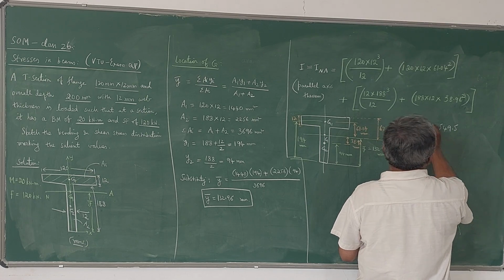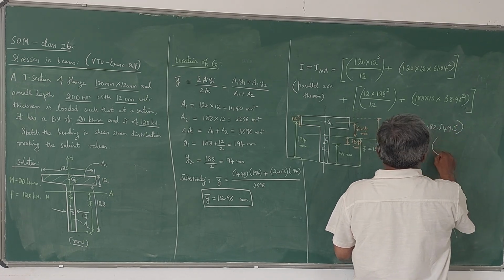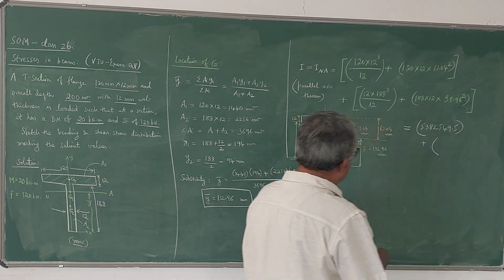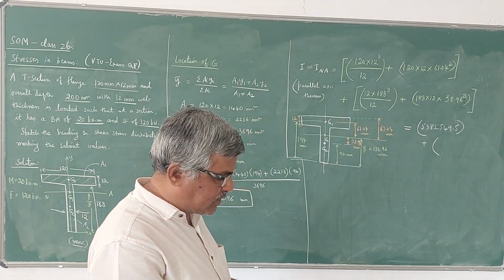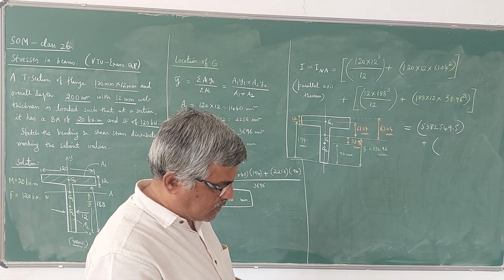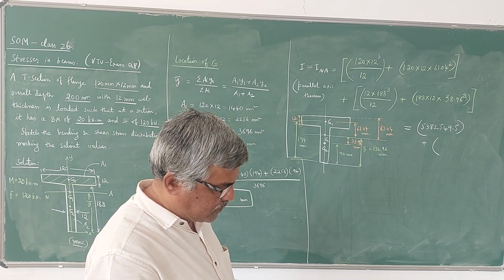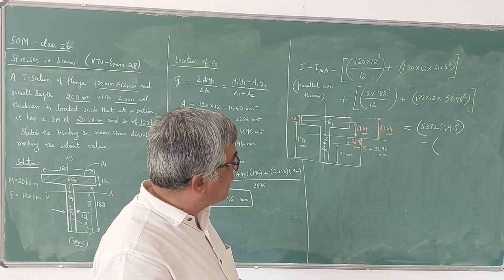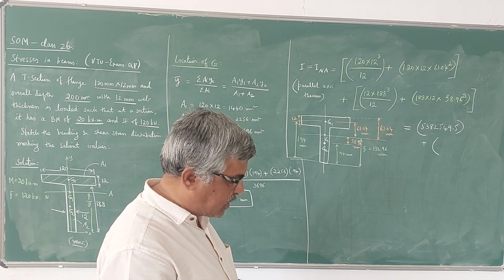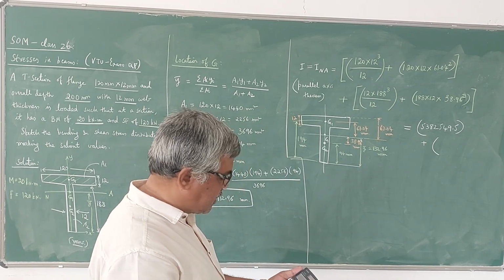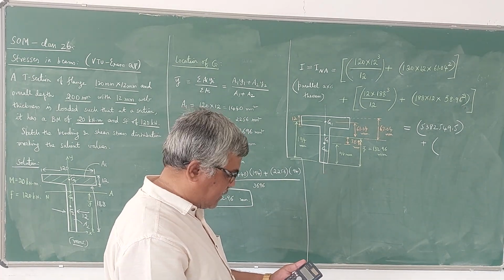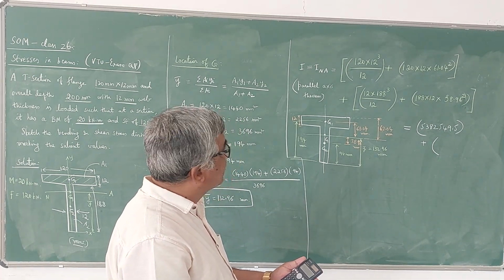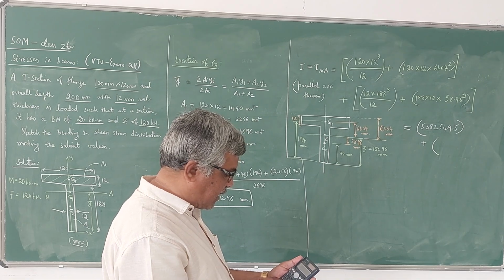This is the first value. Plus the second value, this one, 12 into 188 cube divided by 12, plus 188 into 12 into 38.96 square.